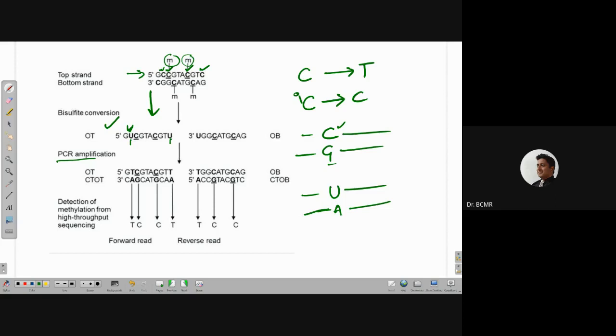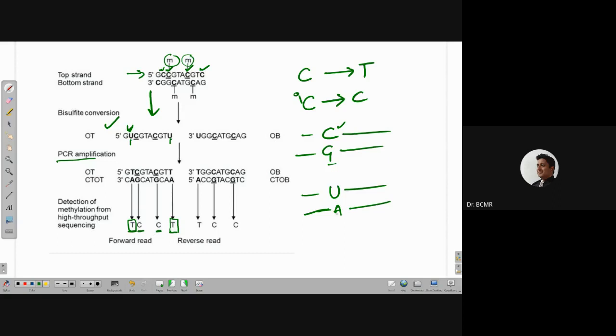That is how you can figure out if cytosine is methylated or unmethylated. It's the easy way to differentiate. You can look at this sequence here. When you do the PCR, the unmethylated ones will show up as thymines instead of cytosines, whereas the methylated ones will remain as cytosines.